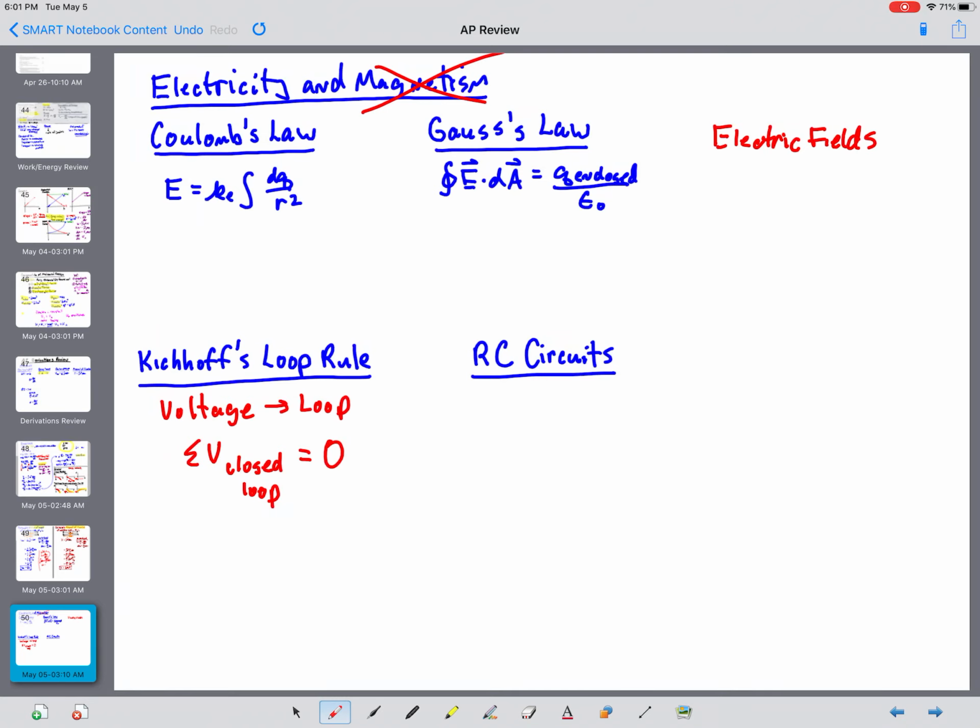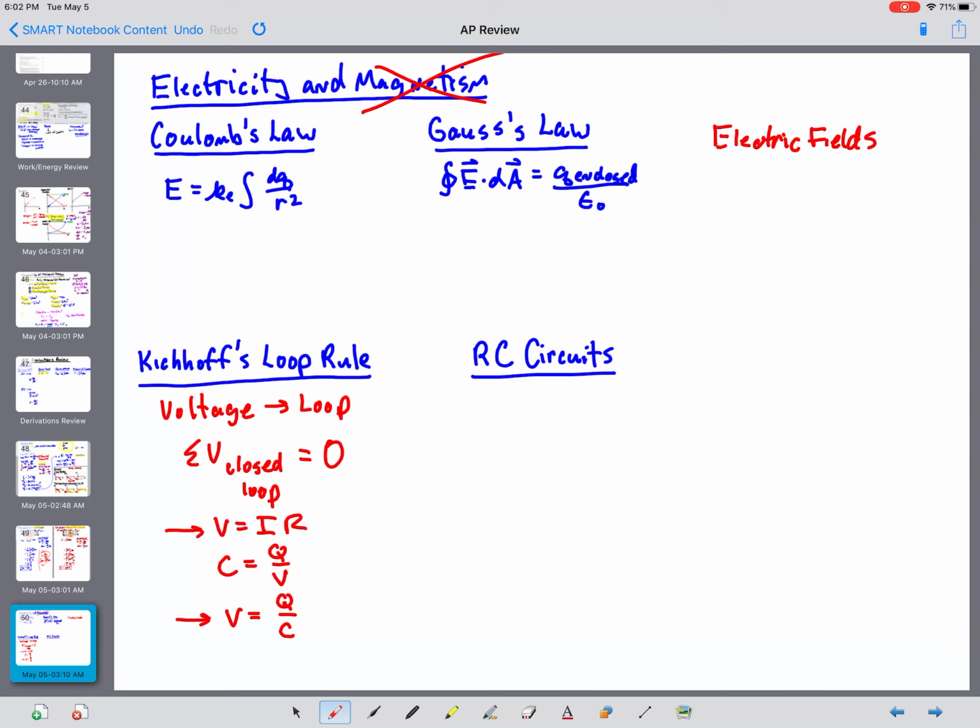So then if you have resistors in your loop, V is equal to I times R. If you have capacitors in your loop, base equation C equals Q over V. So then V would be Q over C. So then depending on what the elements are, you're substituting in one of those. Batteries, you have the voltage or the EMF that is given there.